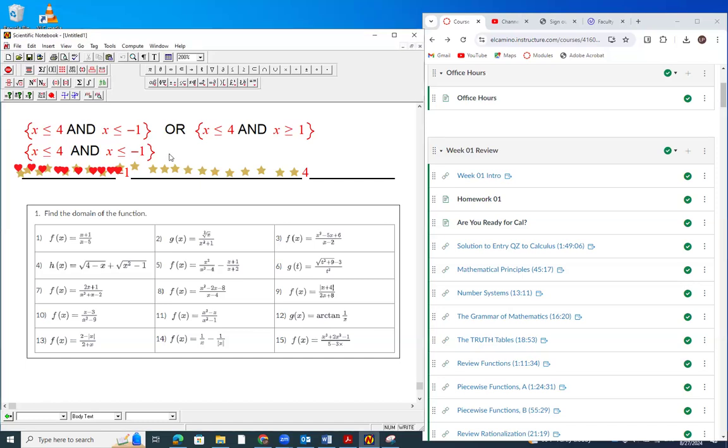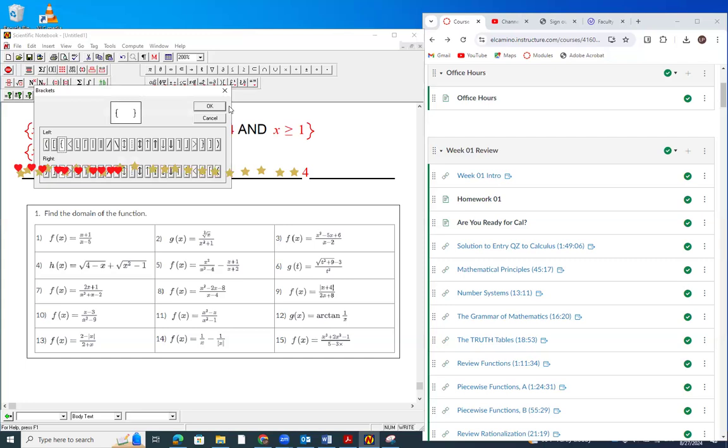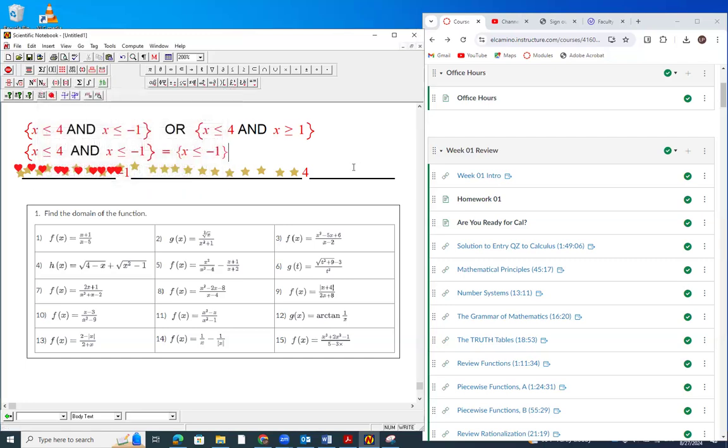So x less than or equal to 4 and x less than or equal to -1 equals x less than or equal to -1 in curly bracket. Common part.